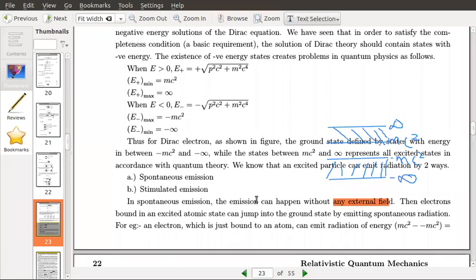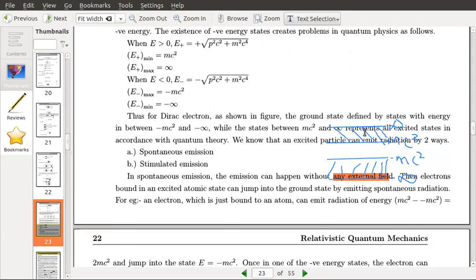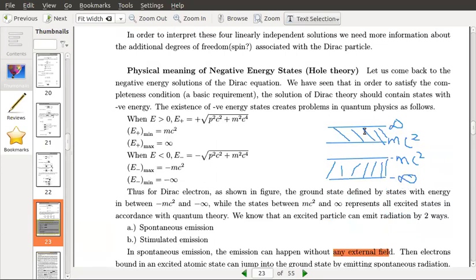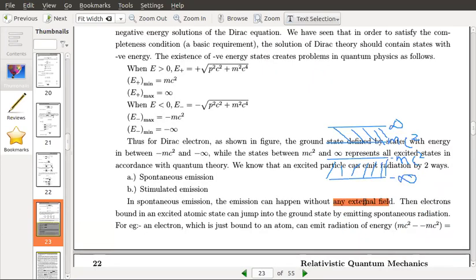Suppose the electron is somewhere in the excited states here. Electrons bound in an excited atomic state can jump into ground state by emitting spontaneous radiation.